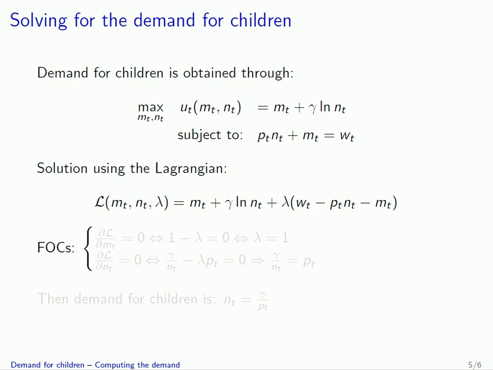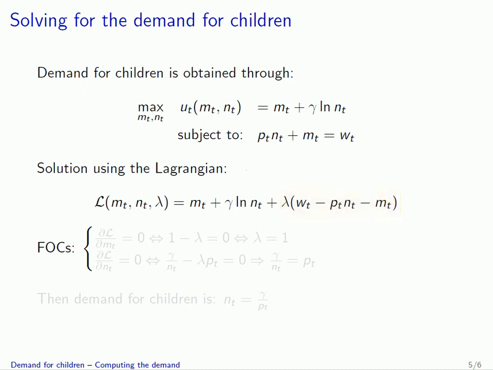So we'll take into account in the Lagrangian both the objective, MT plus gamma log of NT, and the budget constraint. So we'll add a lambda times WT minus PT NT minus MT, so that's the thing that should remain at least equal to 0 or positive.